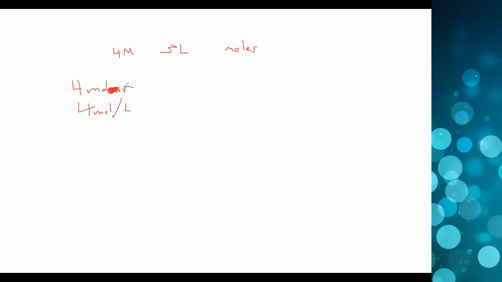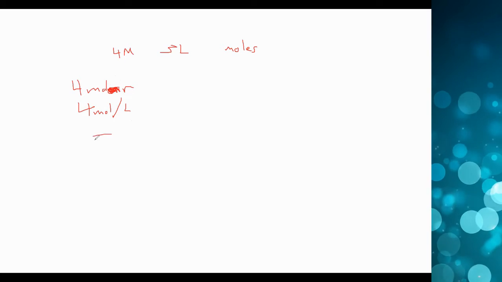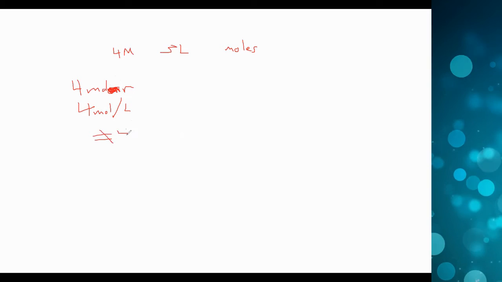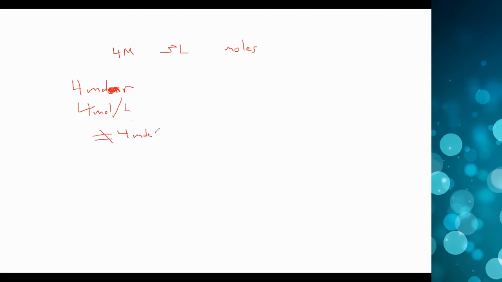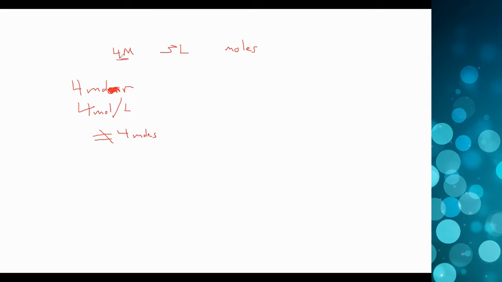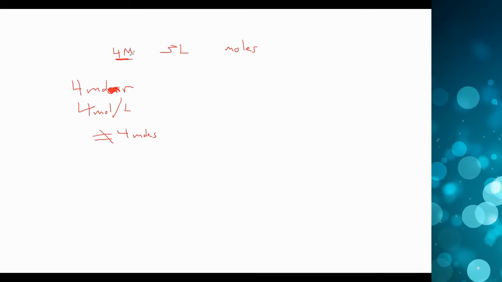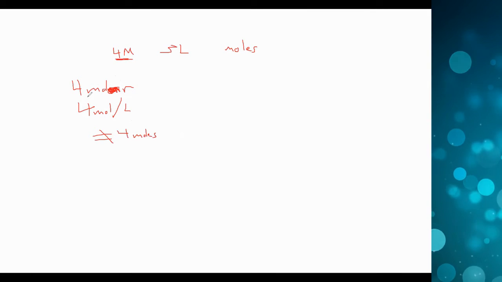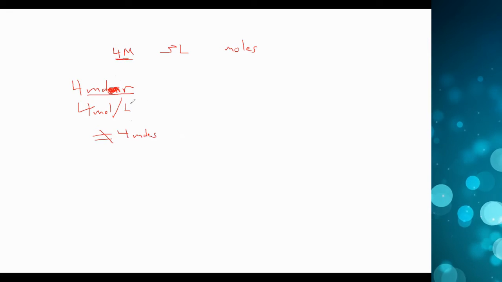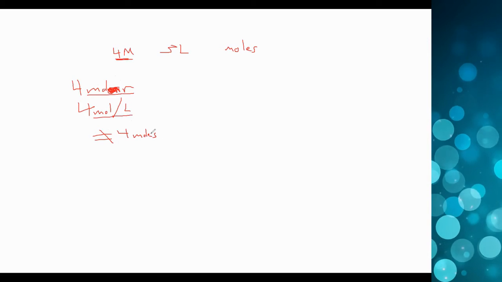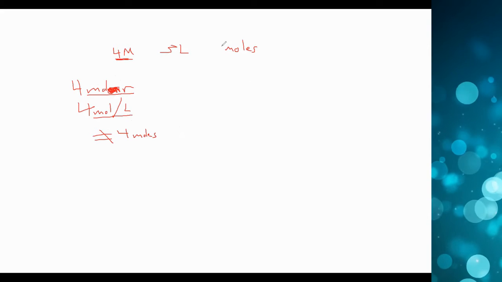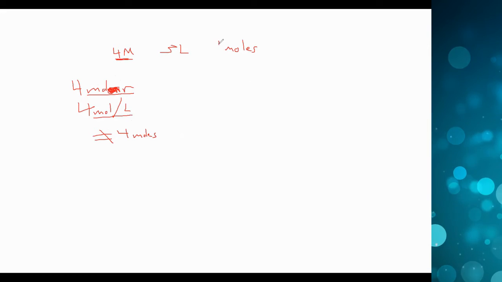So this is supposed to be MOLAR. It is not 4 moles. So I need to be careful there. So when you see a number followed by a capital M, that capital M stands for molar, which is the same as saying moles per liter, and it is not the same as saying moles.